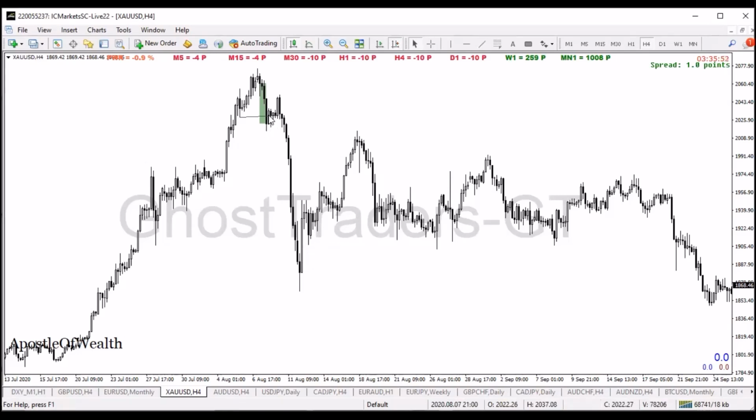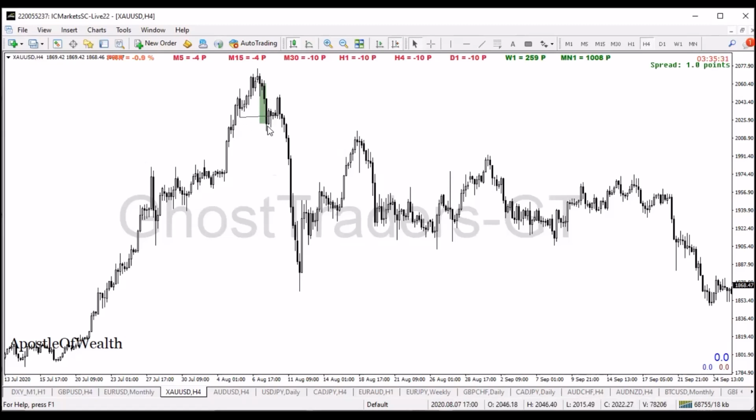So when we see price pulling back, we definitely know that it has to go down. It doesn't have to take out this high here, because price is bearish based on this market structure being broken, on this low being broken.